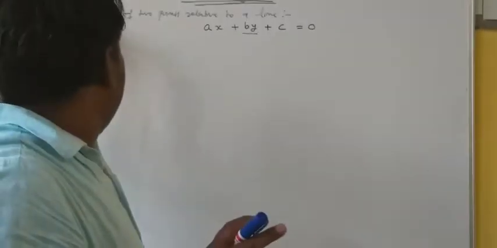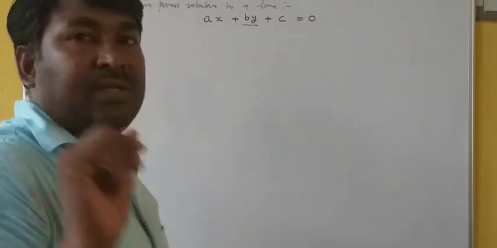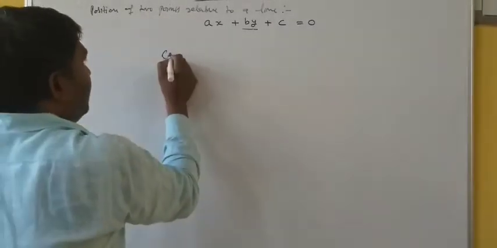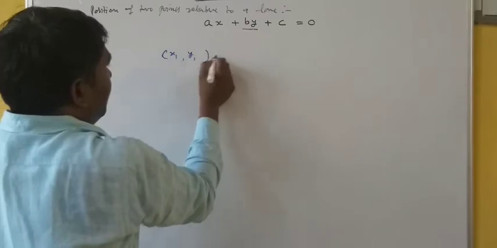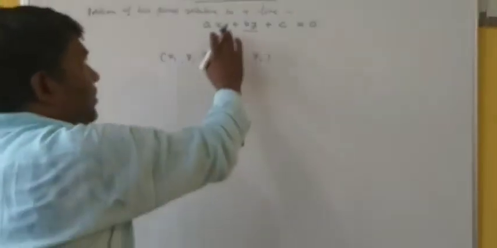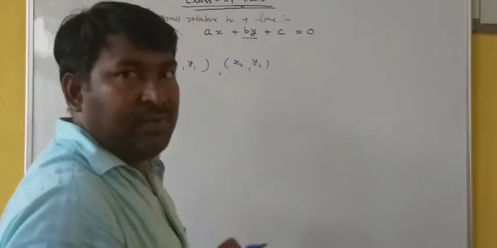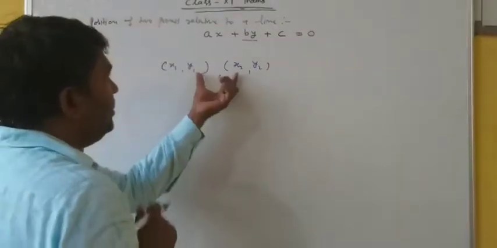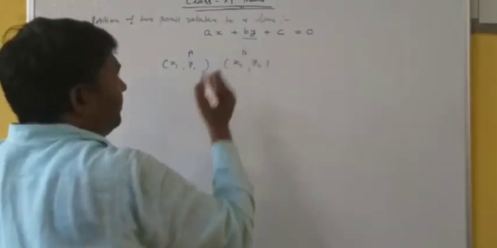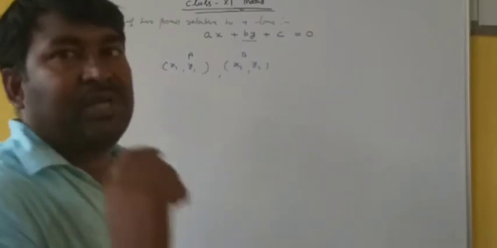Now see, we have to check the position of 2 points relative to a line. If we are given the coordinates of 2 points, like x1 y1 and x2 y2, and the general equation of a line, then you have to check whether these 2 points, suppose A and B, lie on either side of the line or on the same side of the line.